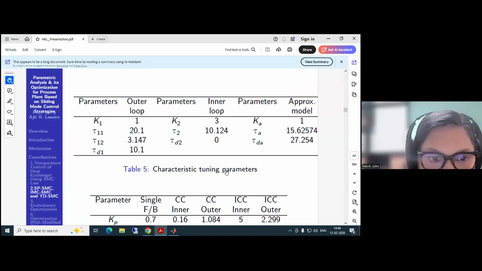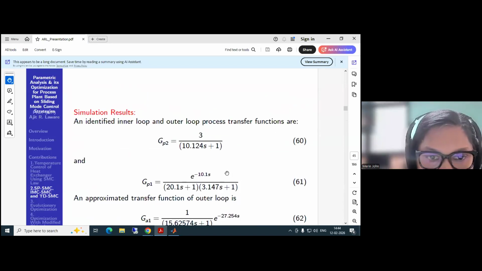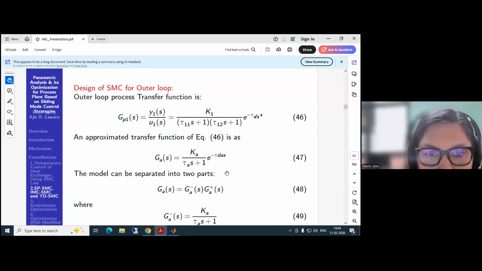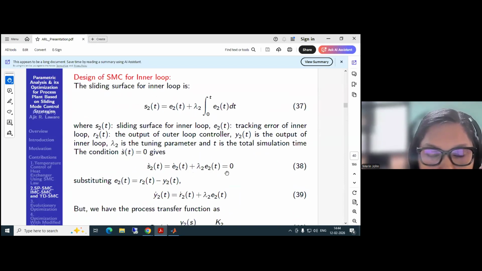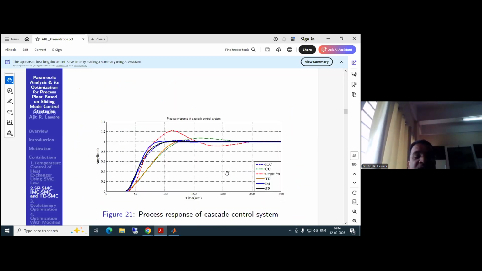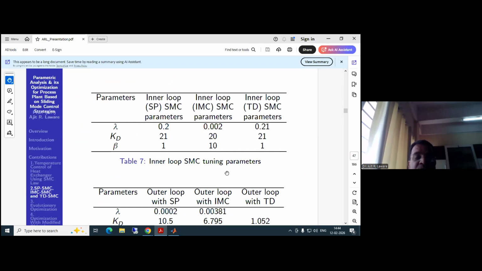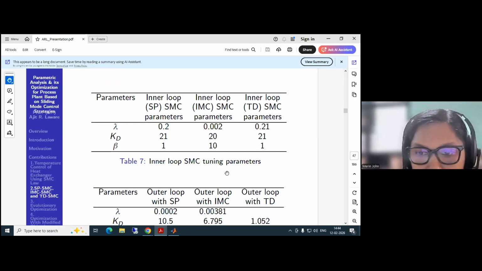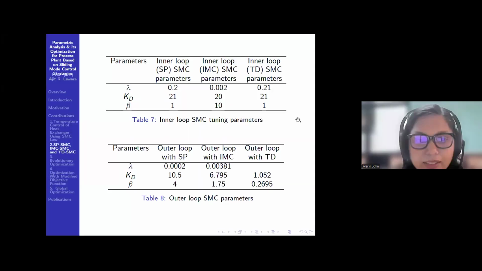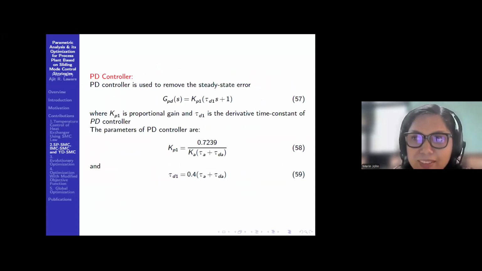Design of SMC for outer loop, outer loop, inner loop is done. Sir, please make it full screen. Yes, sir, now it is perfect. Please proceed.